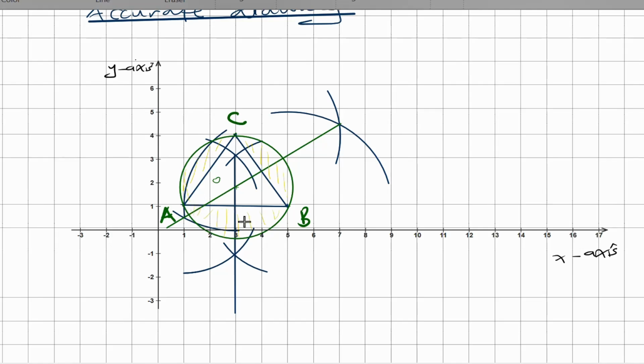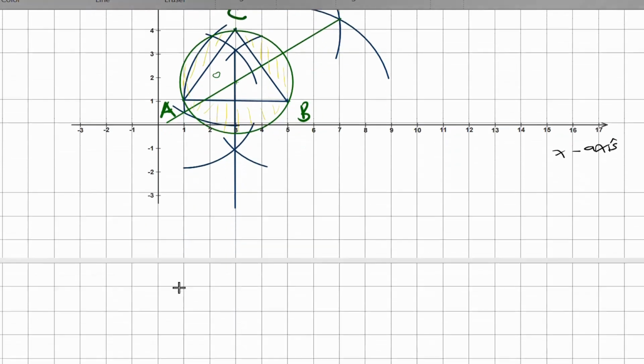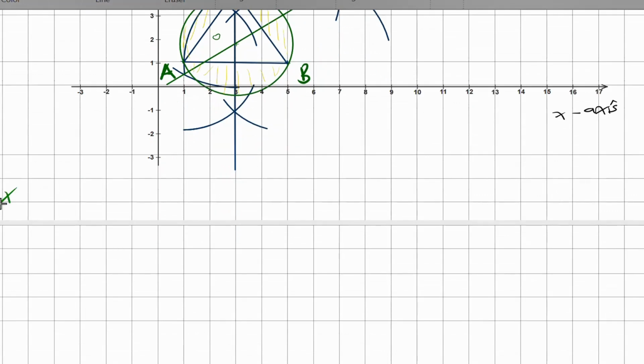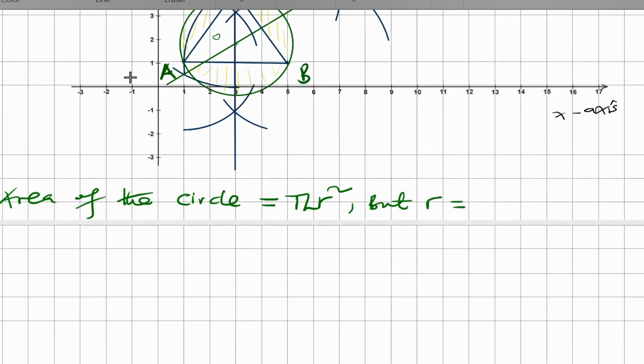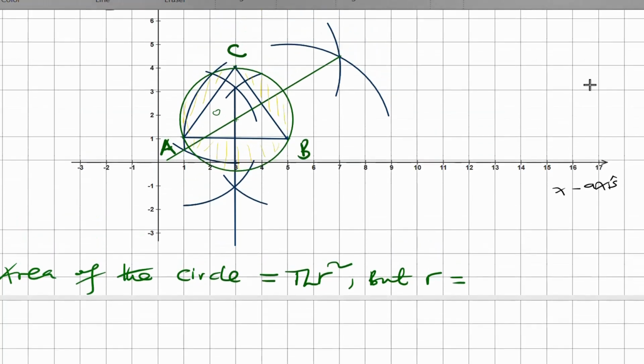So what we are going to do, first get the area of the circle or the circular perimeter, which is given by pi r squared. But our r equals, so we are going to measure r. Let's measure r.